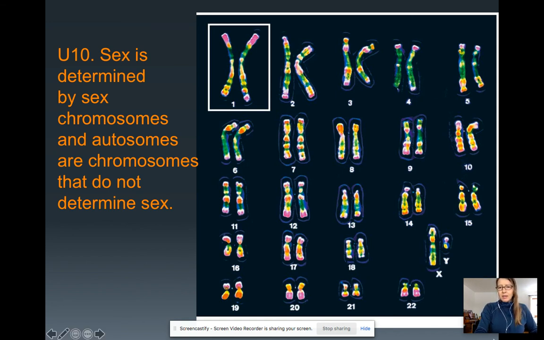So the last chromosomes are the sex chromosomes, and those will determine male or female. So for humans, XX generally results in female, and XY will generally result in male. So if you're looking at one of these karyograms, you can see we've got 22 pairs of autosomes, and then one pair of sex chromosomes.